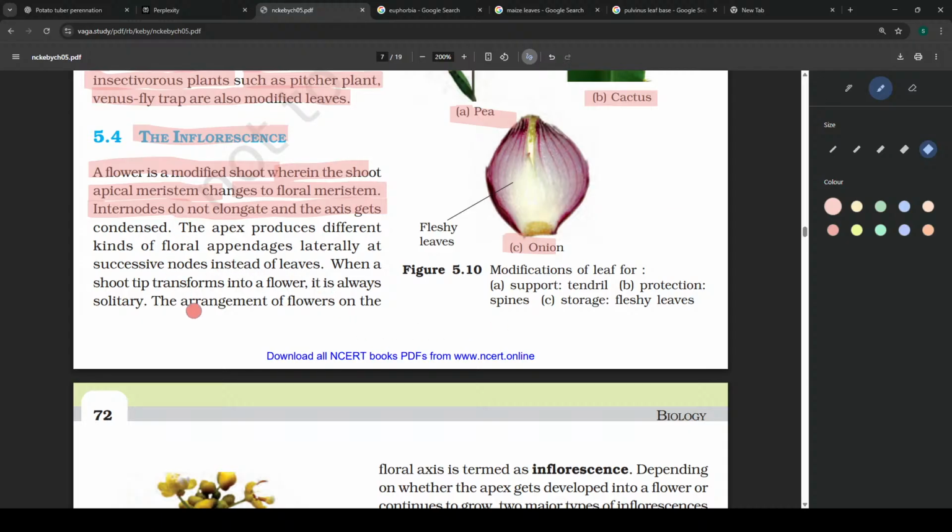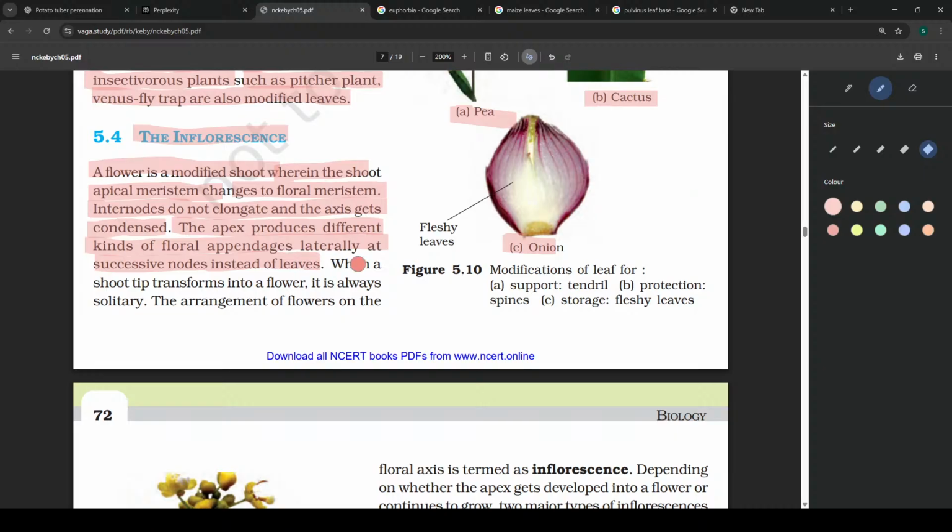Internodes do not elongate and the axis gets condensed. The apex produces different kinds of floral appendages, laterally at successive nodes instead of leaves. At some nodes, the apex will produce different kinds of floral appendages, meaning it will produce flowers, that is floral meristem to flowers, instead of leaves.